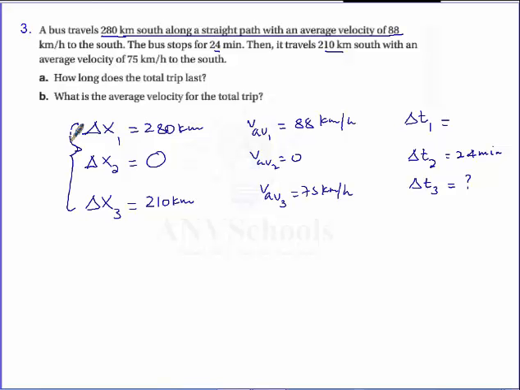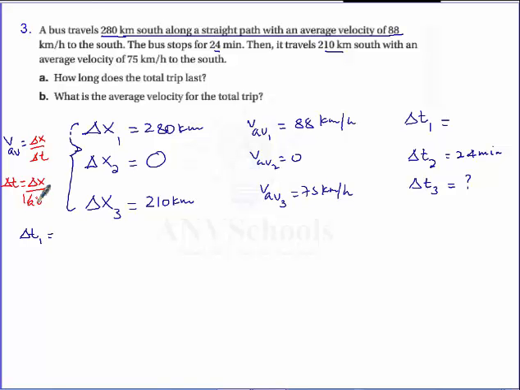So we know that average velocity is defined as the ratio of displacement to change in time. We know this formula. Making time interval the subject of the formula, time interval is given by change in displacement divided by the average velocity.